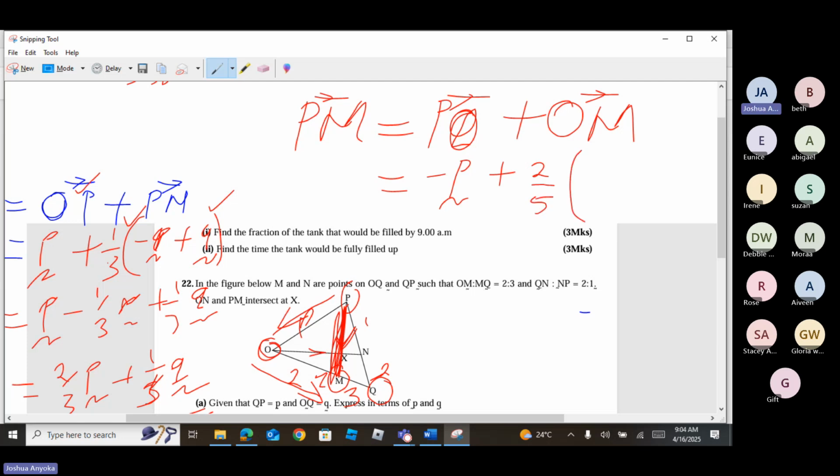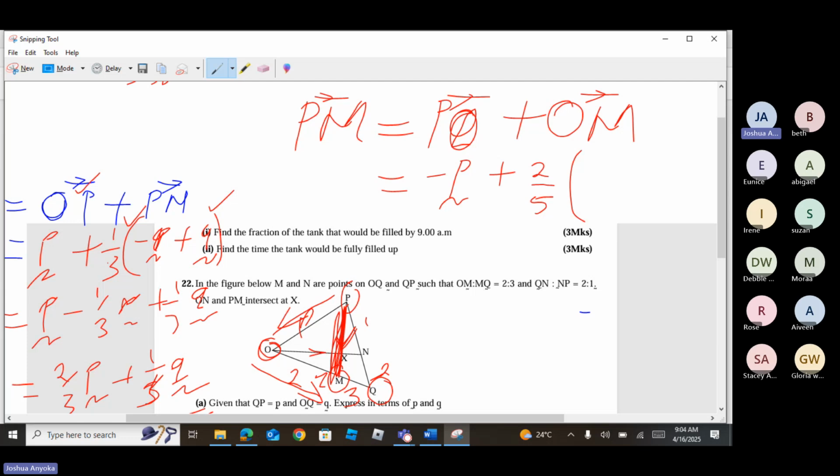So it is 2 over 5. We take 2 over 5 by getting O to M, 2 divisions, then O to Q, 5 divisions. Then vector OQ, which is Q. And this is vector PM.